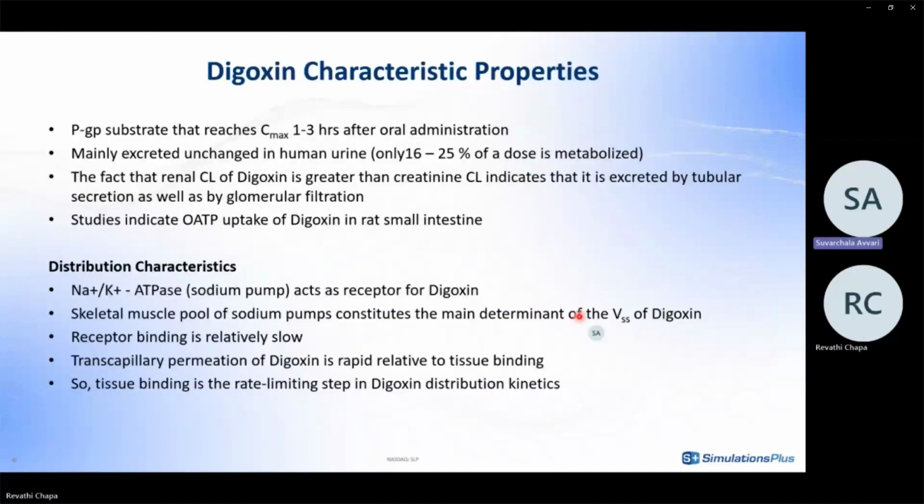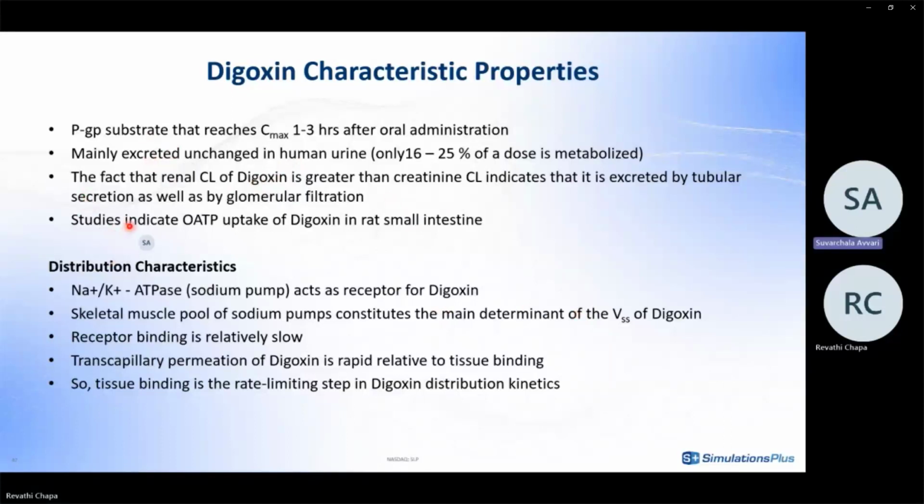Looking into the digoxin characteristic properties, digoxin is a prominent victim drug to investigate the PGP-mediated DDIs, as its disposition is mainly governed by PGP, and the primary route of digoxin elimination is through renal excretion via glomerular filtration and tubular secretion of the unchanged drug.